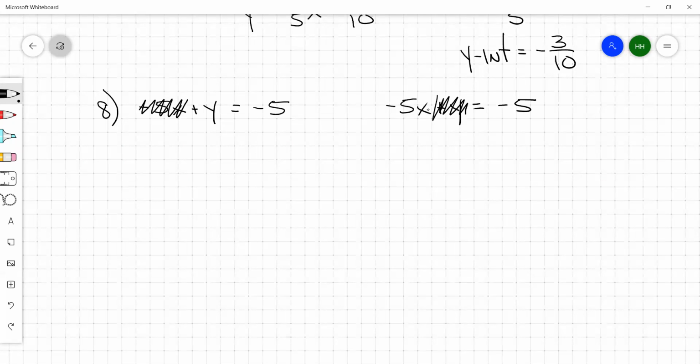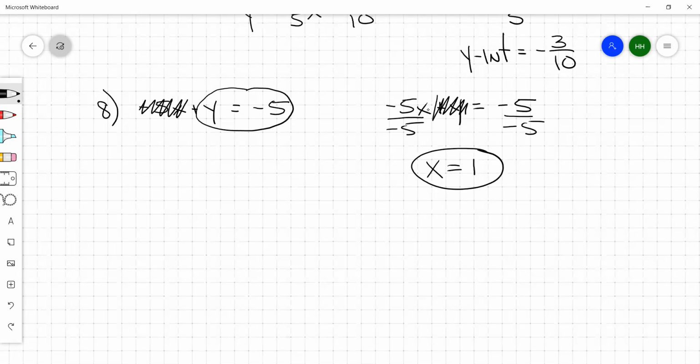So you get y is equal to -5, and if on the right you divide both sides by -5, then x is equal to 1. These are intercepts. So the graph of that original equation is going to hit the x-axis at 1.